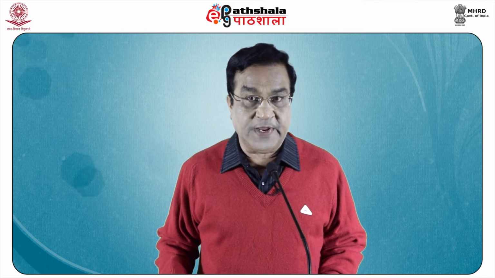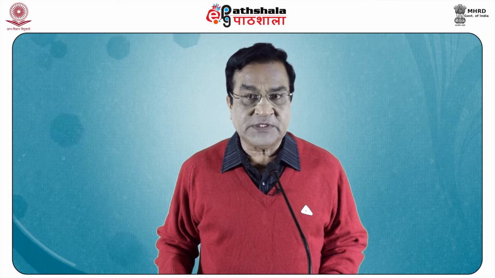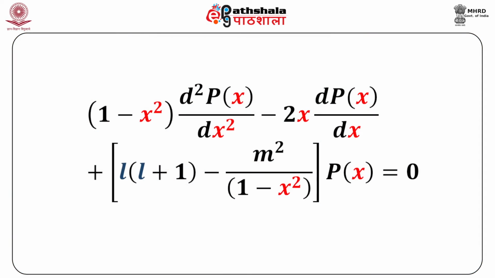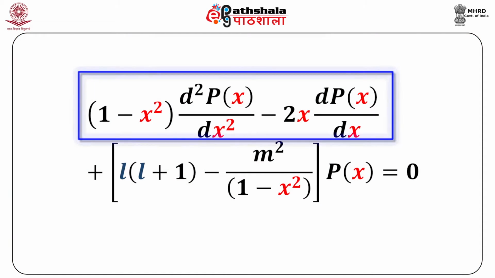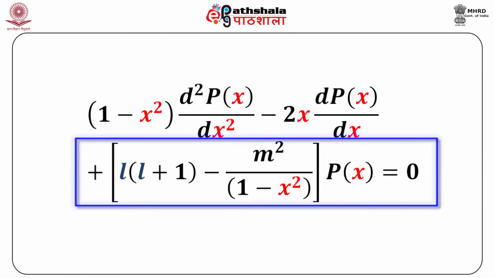Legendre's equation is a well-known equation of the form shown in equation 1: (1 minus x squared) d2P(x)/dx2 minus 2x dP(x)/dx plus [L(L+1) minus m squared/(1 minus x squared)] P(x) equals 0.